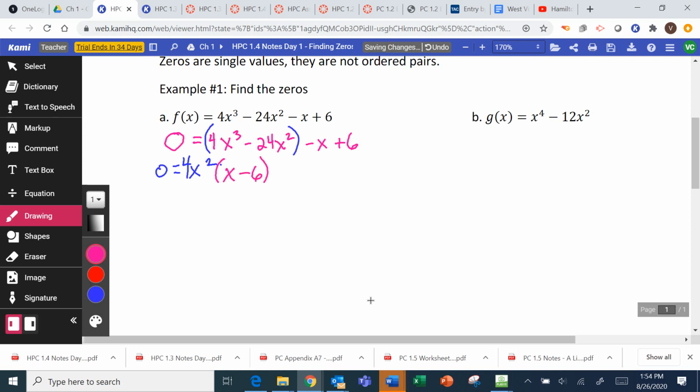So then we try to manipulate the second part of this so we can factor something out and also have an x minus 6 left over. So what could I factor out of that second group? Right, so just so you know, right now it's a subtraction.